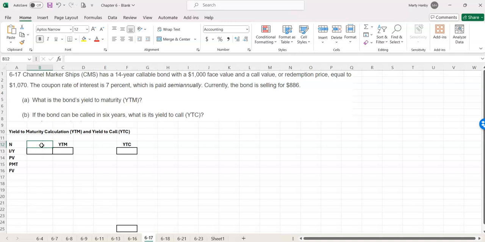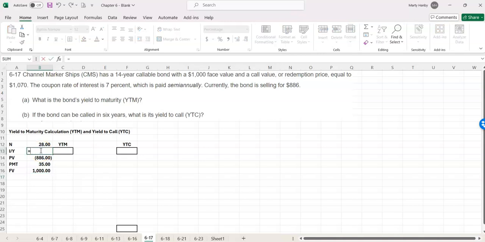So N equals 14 times 2. The PV is the 886, entered as a negative. The coupon payment is $1,000 times 0.07 divided by 2. And then the face value or future value is $1,000.